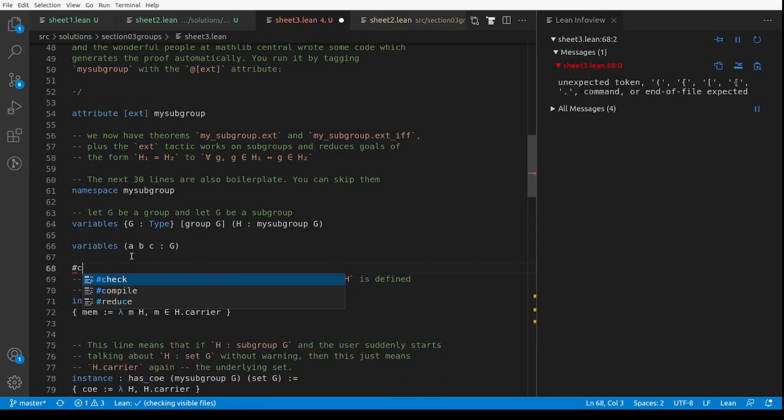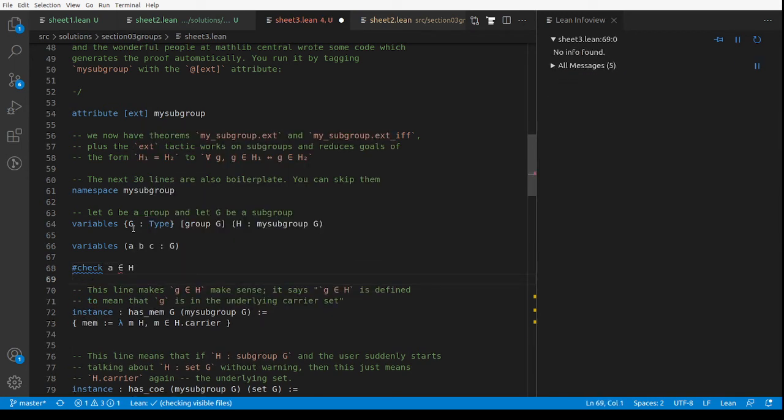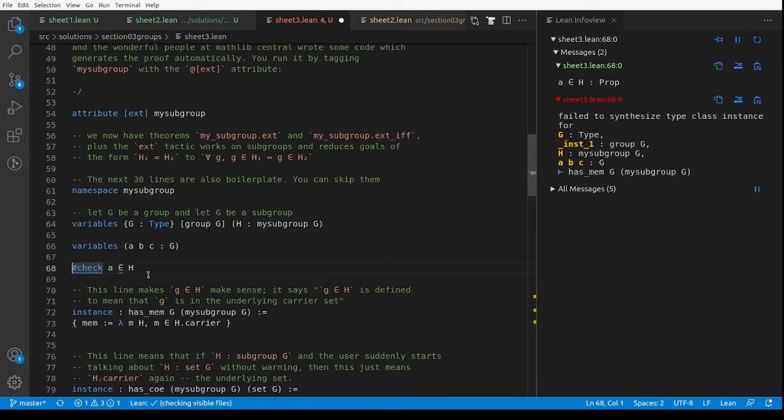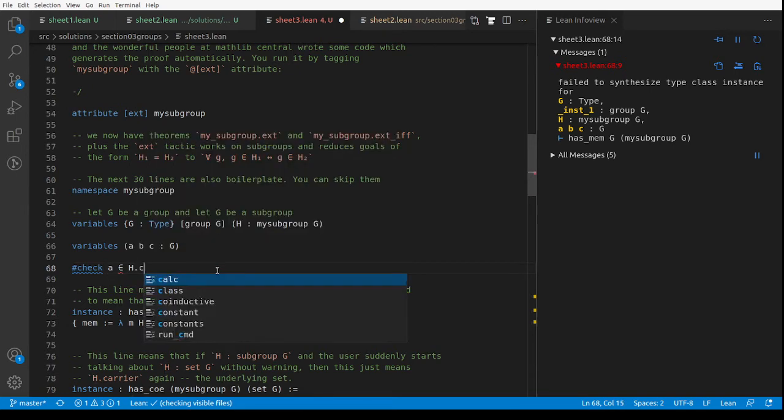We can check is A in H. If A is a term of type G, we could ask if A is an element of H. And Lean says, I've no clue what that means, because H is not a set. H is a subgroup. It's not a subset, and we haven't defined what it means for a term of type G to be an element of a subgroup.